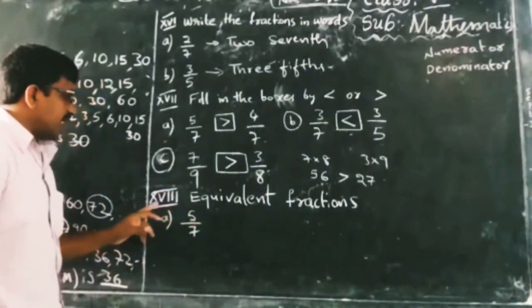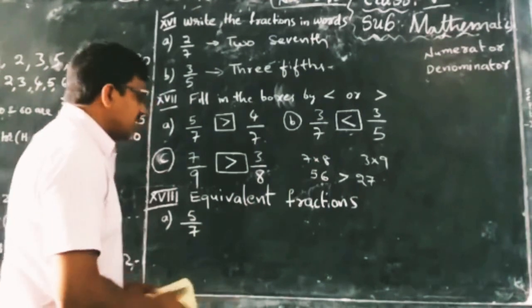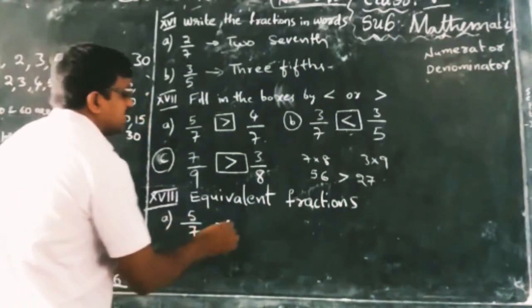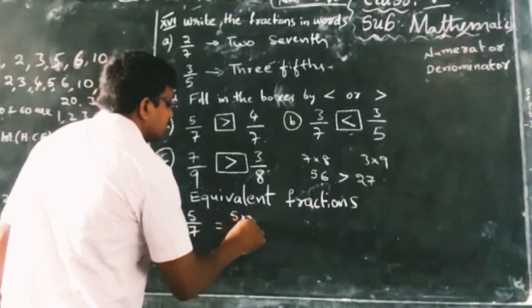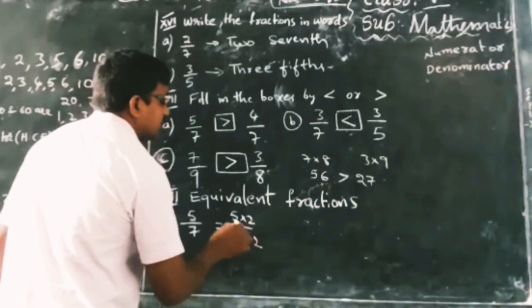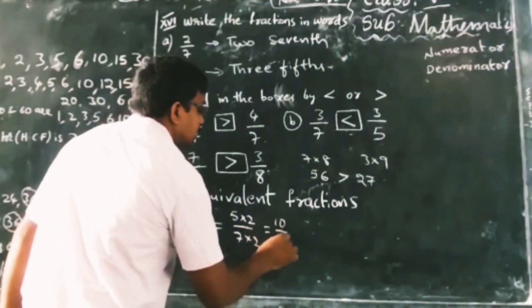Now for the 18th bit, you have to write the equivalent fractions. So how to write equivalent fractions? Multiply the numerator and denominator by the same number. 5 into 2 is 10, 7 into 2 is 14, so 10 by 14.